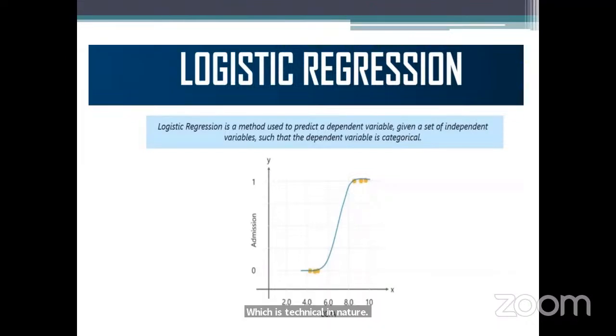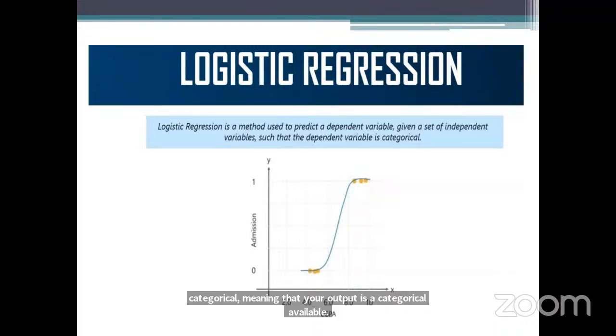Logistic regression is a method used to predict a dependent variable y, given an independent variable x, such that the dependent variable is categorical, meaning your output is a categorical variable. So obviously this is a classification algorithm.